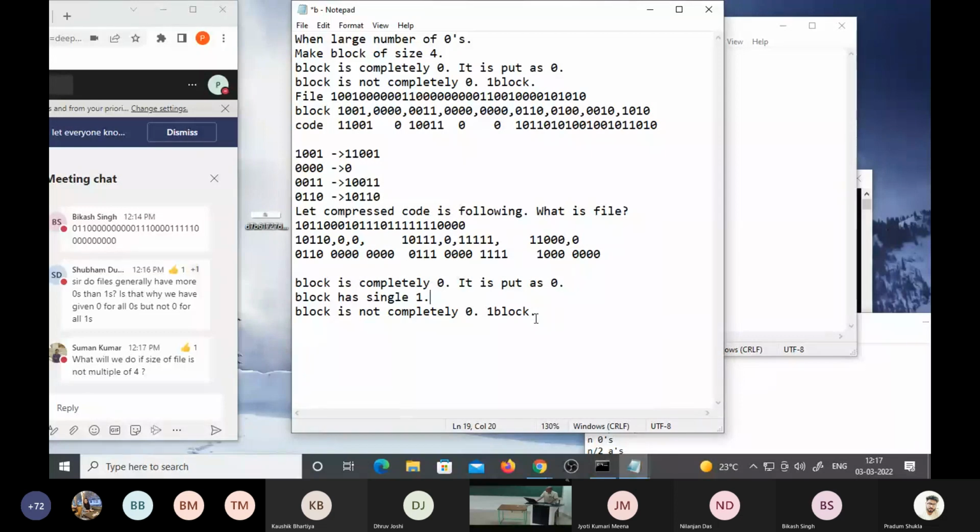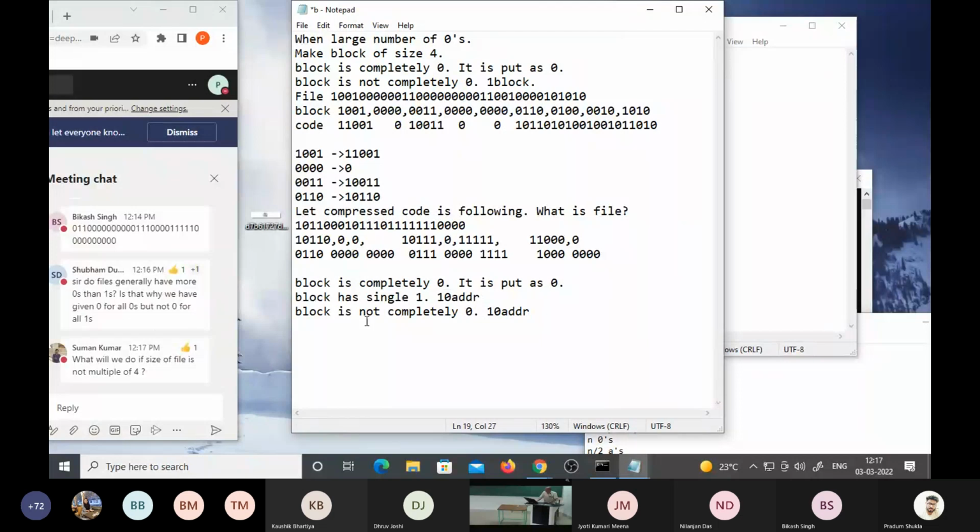Block is not completely zero. Then, if the block has a single one, it is 1 0 followed by address.